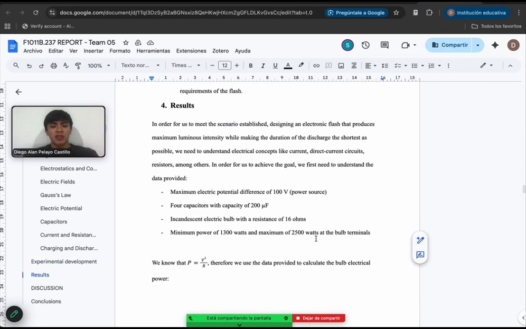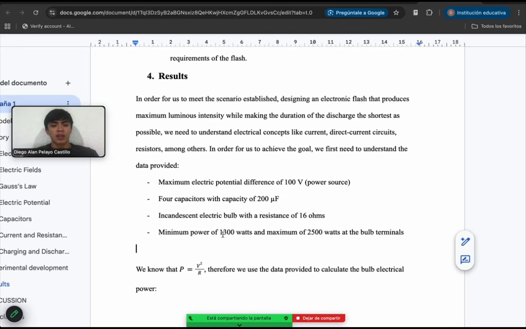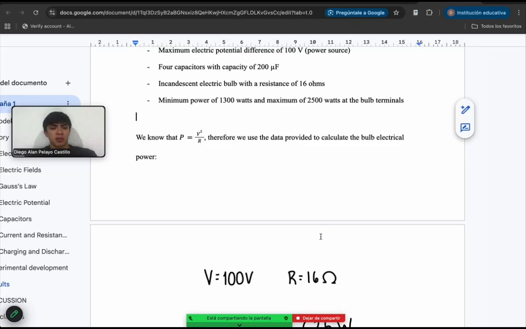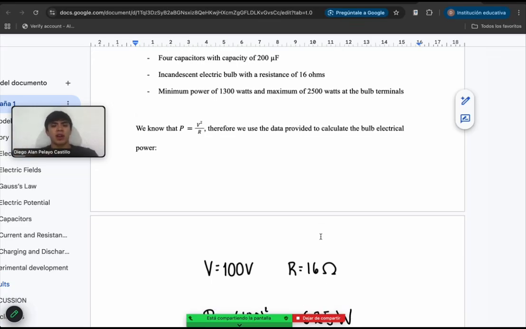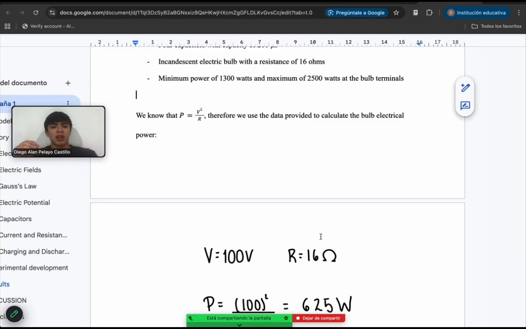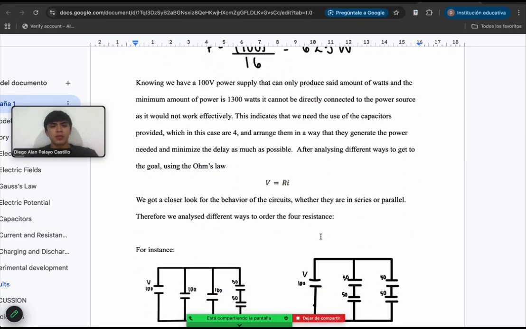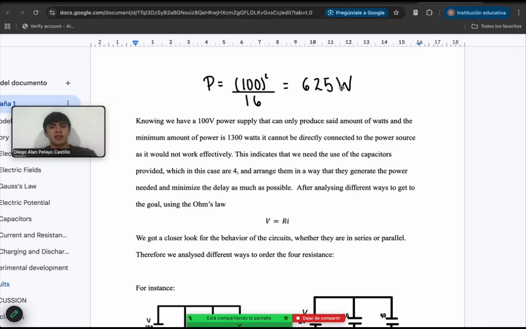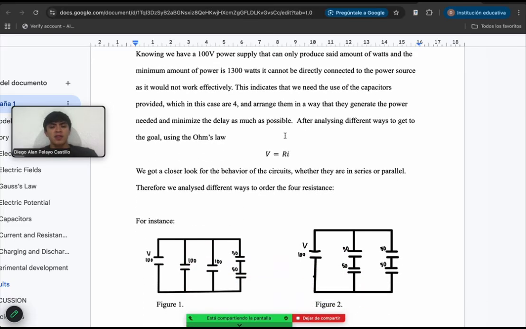However, we were specified that the minimum power needed was 1300 watts and a maximum of 2500 watts at both terminals for the whole system to work and the flashlight to be as strong as it needed to be. Knowing that 1300 watts was the minimum, we could not use this power directly.